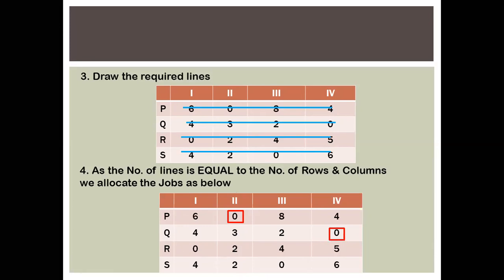Again in that column, there are no extra zeros which I should cancel. In the third row, again I'm left with 1 zero, which I'll put in a box. Similarly, I am left with the fourth one and I'll put a box like this. So in this way, each person is assigned one particular job.